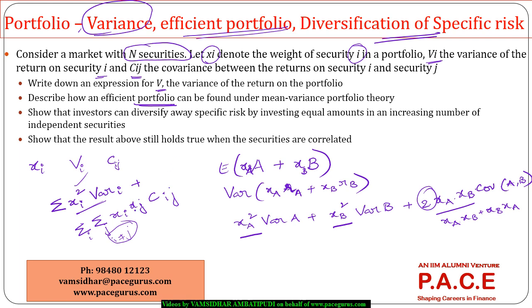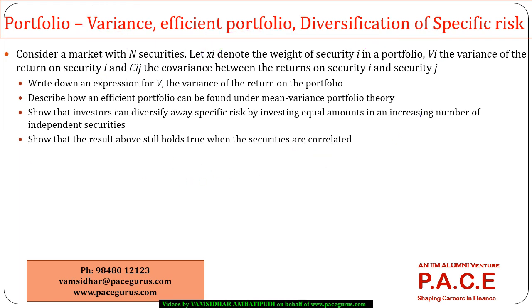When this is my variance, sigma xi squared vi plus sigma across i and j xi xj covariance of ij, then to find an efficient portfolio, the objective is to first determine these xi's in such a way that the overall variance becomes as minimum as possible. But at the same time, I have some constraints.